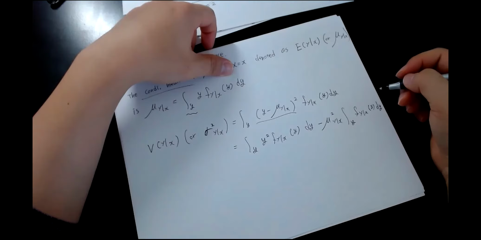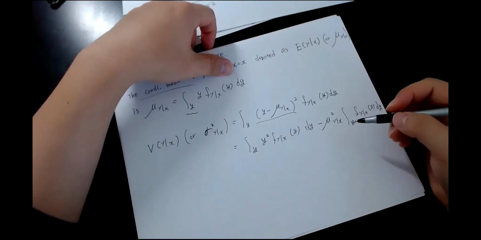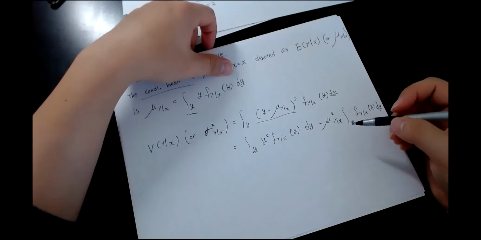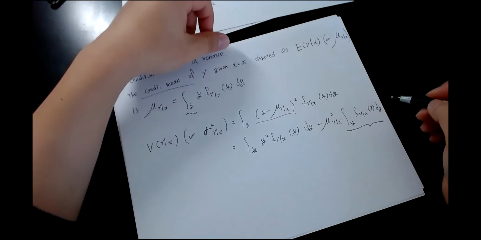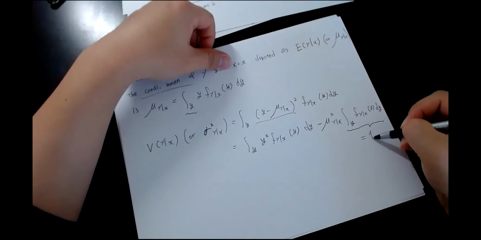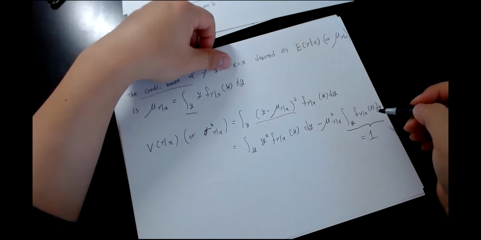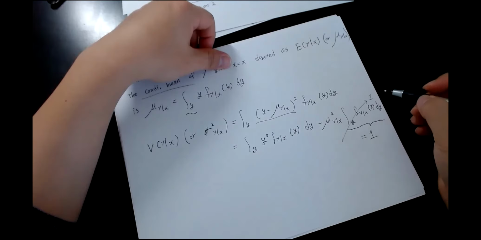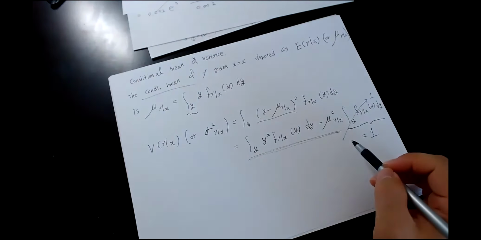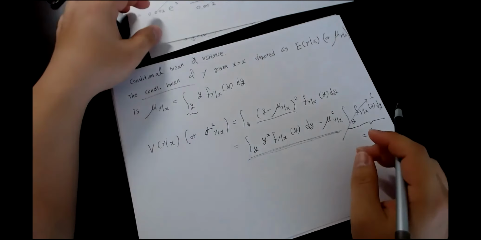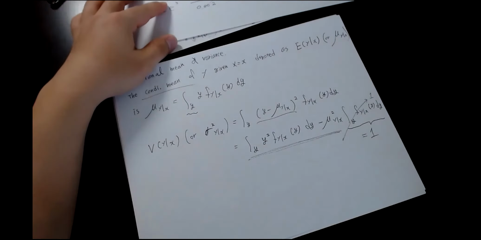Okay, so you see that here? What is this gonna be? By the property of the conditional probability, this equals 1, right? So this is the simplified form, the short expression of the conditional variance.